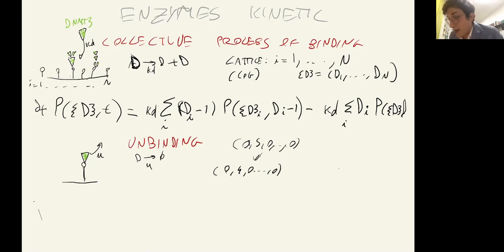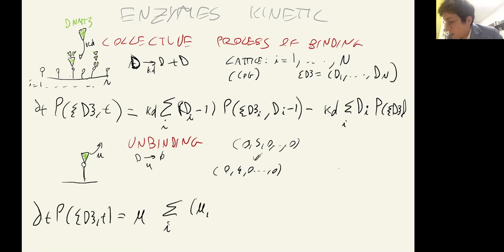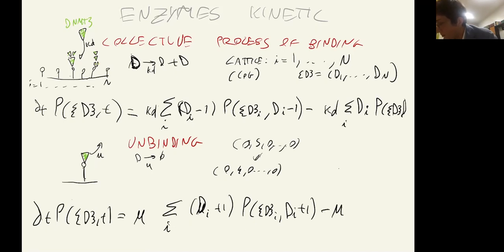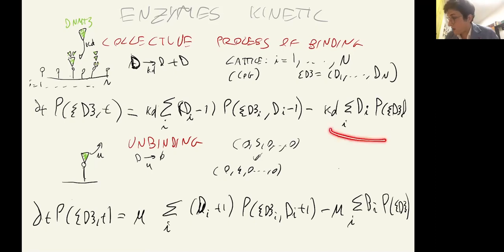So if you want to write just this process in a master equation formalism, you will have U sum over I of, sorry, what is di plus 1. Here we'll have again P of di plus 1, and then you have minus U sum over I di. These two look exactly the same. They have a different rate.